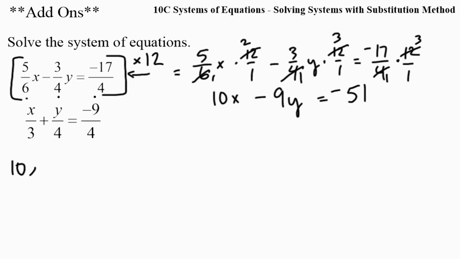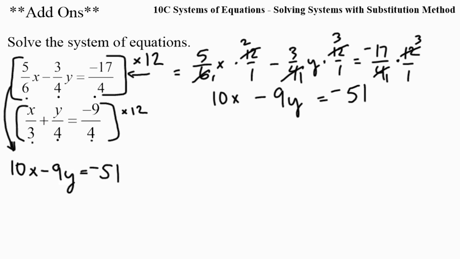Now, I haven't even started the solving eliminating process. I've started with the get rid of denominators process. So there's the new equation that'll be easier to work with. x over 3 plus y over 4 equals negative 9/4. 3s and 4s. What's a common denominator there? Again, 12 actually works nice.